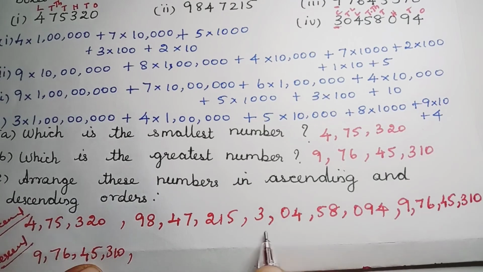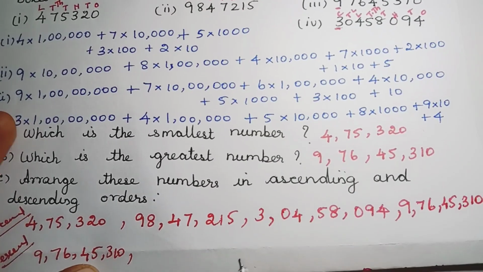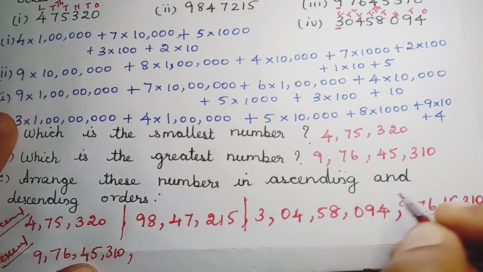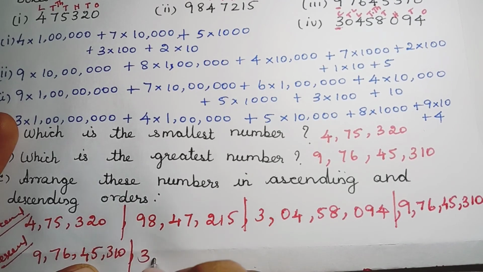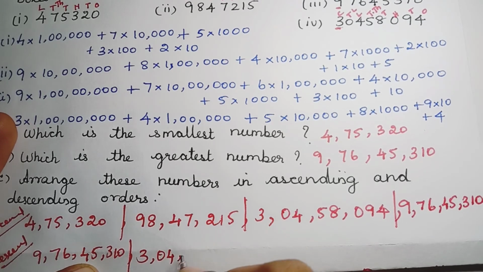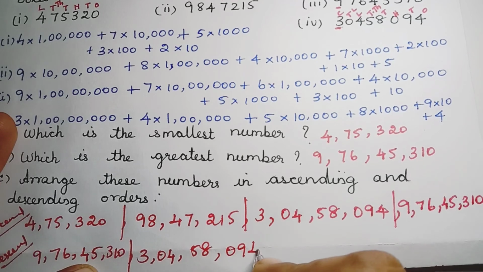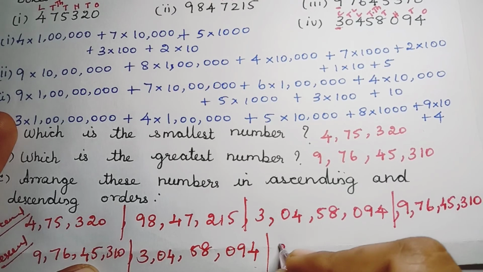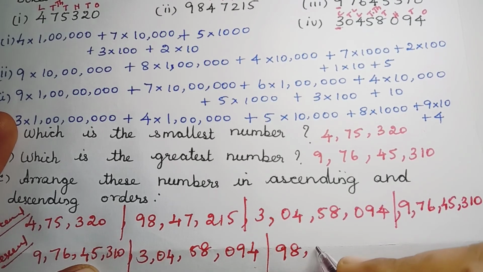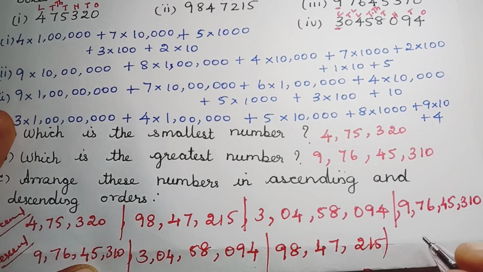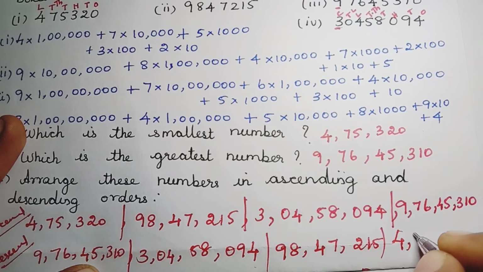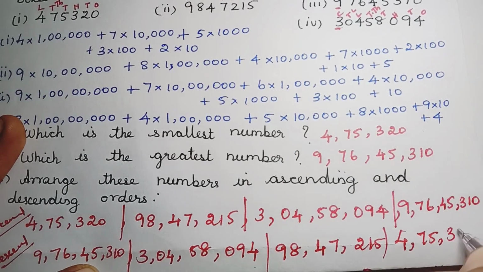So the next term will be 3 crores 4 lakhs 58,094. Okay. So next one will be 98 lakhs 47,215. And the next number is 4 lakhs 75,320. Okay.